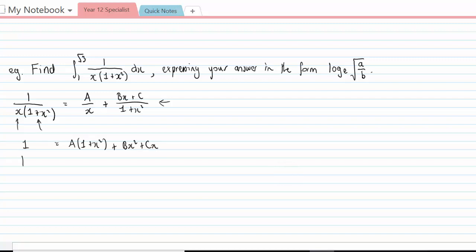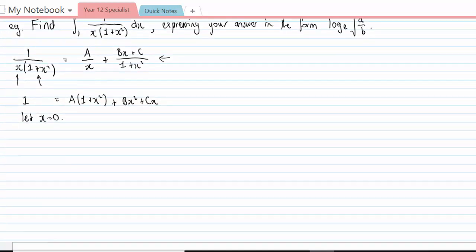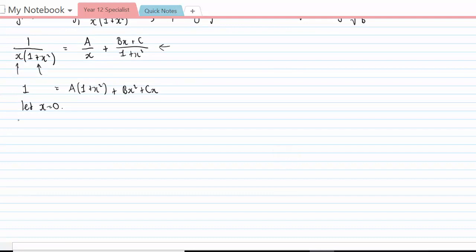So I'm just going to let x equal 0, because that's going to get rid of the b and c terms. And that gives me 1 equals 1a. Well, that was quite nice. Now from there, I can say that 1 equals 1 plus x squared plus bx squared plus cx.